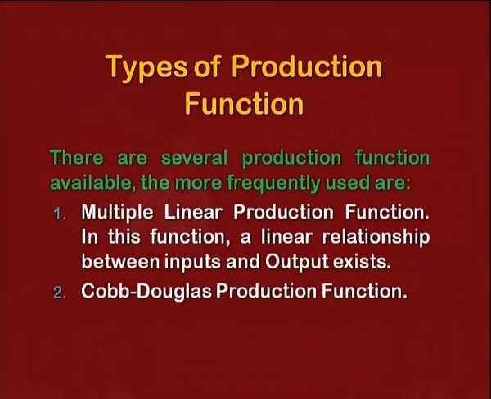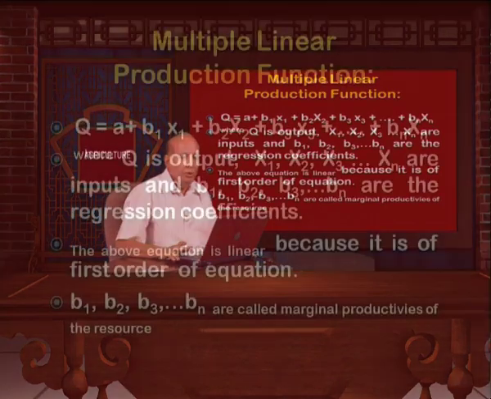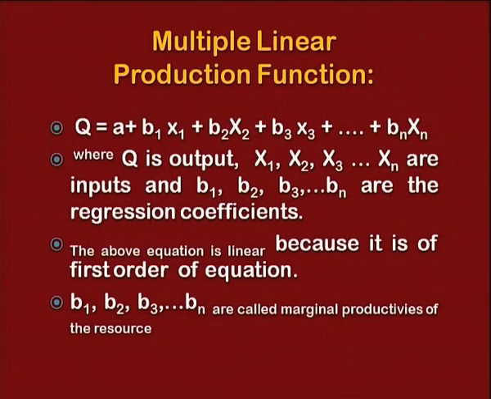Now, we are going to define the multiple linear production function. Q is equal to A plus B1 x1, plus B2 x2, plus B3 x3 and so on. These x1, x2 and x3 are inputs, Q is your output, and B1, B2, B3 are the regression coefficients.